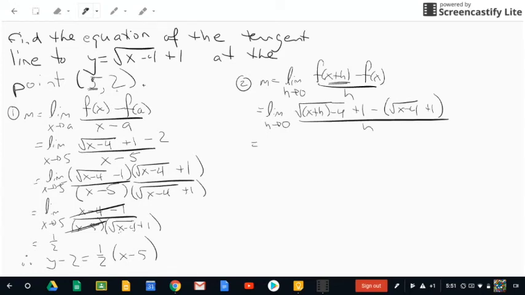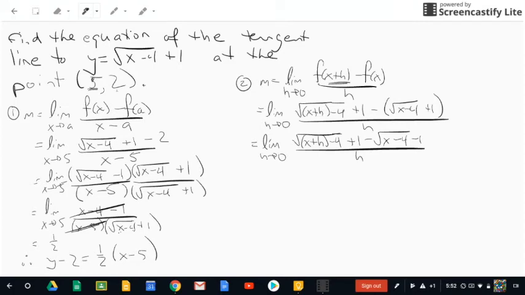Next step, this is going to be the limit as h approaches 0 of, I'm going to let that negative go through. This will be the square root of x plus h minus 4, but when I put that negative through, I'm going to get this plus 1 here. Then I'm going to get this minus the square root of x minus 4 minus 1, all over h.